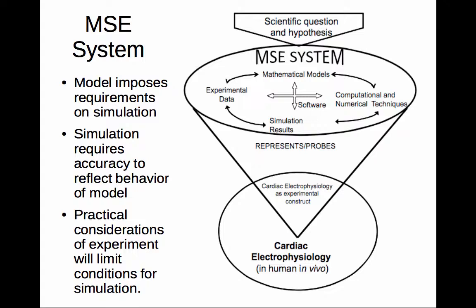And all these things work together to try to give you a look at what the true system is. In our case, it's some physiological system, maybe cardiac, maybe something else.